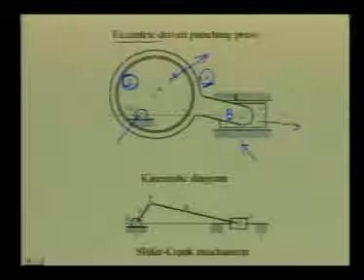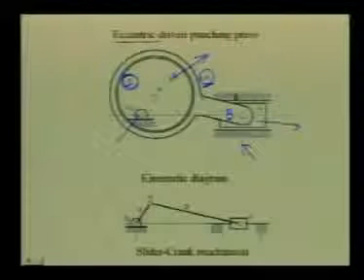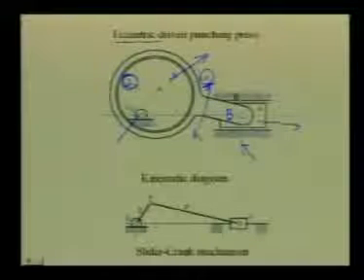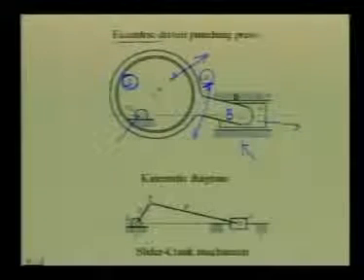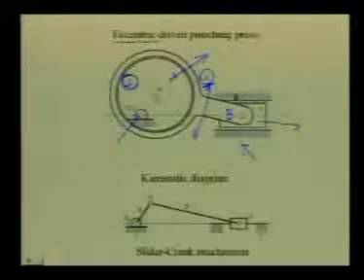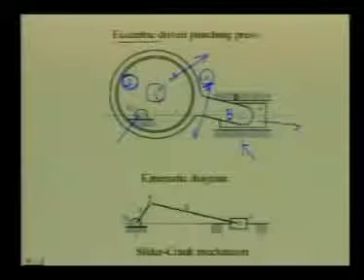However, if we hold link 2 fixed, then link 3 can definitely be rotated about an axis perpendicular to this plane of motion, and this rotation takes place at the center of the circular eccentric, that is at A.